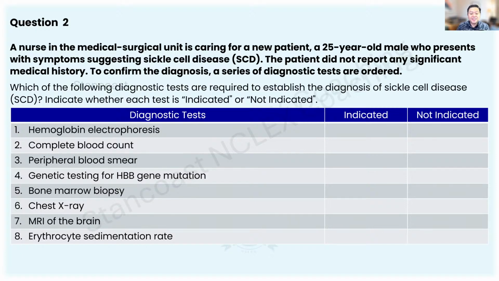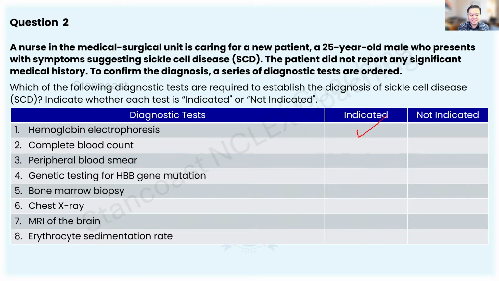Remember that this is a diagnostic procedure wherein the lab scientists will have the opportunity to separate those different hemoglobins. So they're going to be able to identify the disease type of hemoglobin, let's say the hemoglobin S, and tell apart the abnormal and the normal hemoglobin. Yes, this is a diagnostic test that will be indicated.